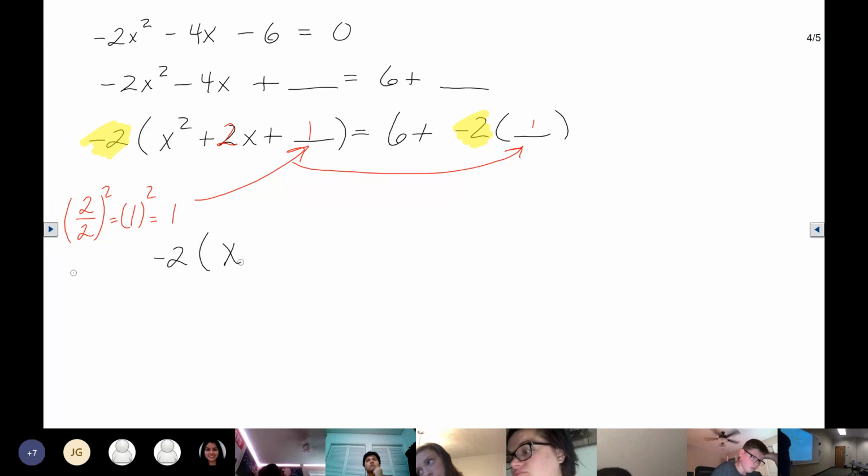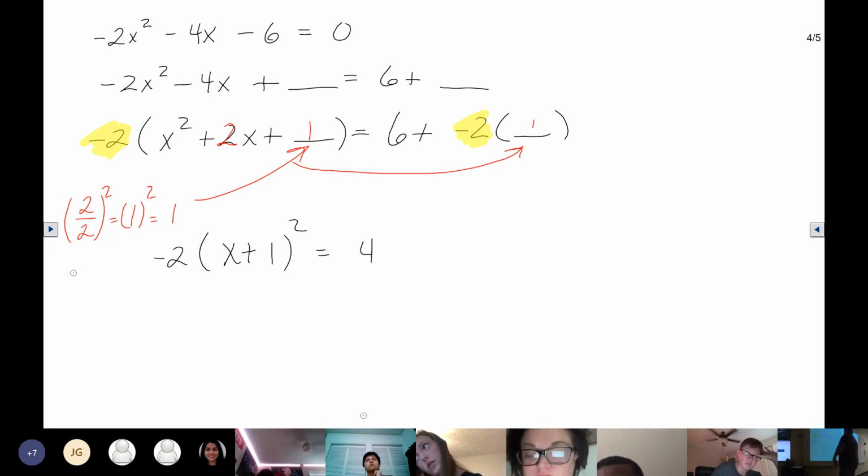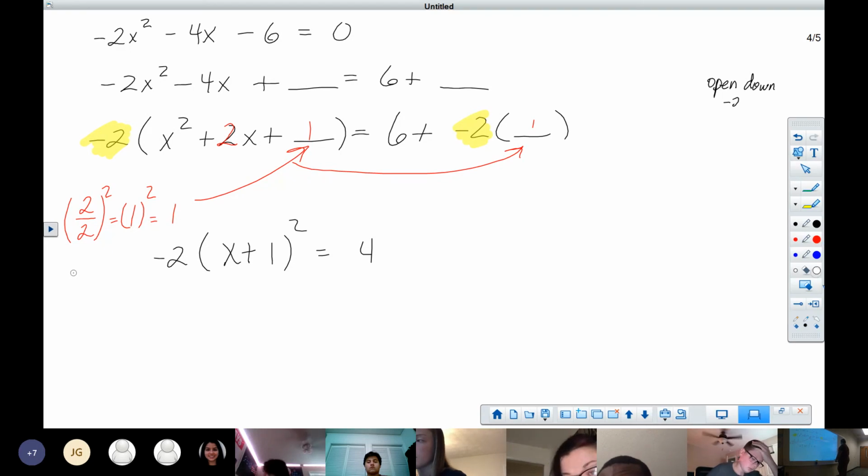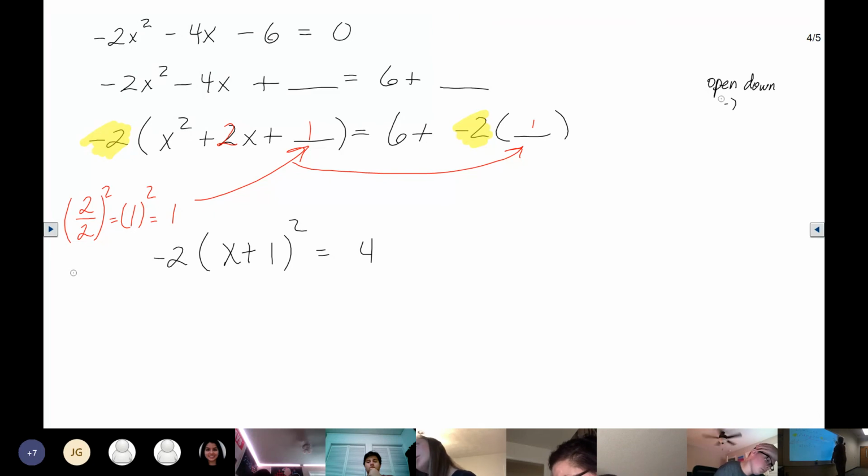Negative 2 times x plus 1 quantity squared is equal to, what's 6 minus 2? 4. So somebody tell me a little bit about this graph before we even sketch it. Well, it opens downward because of the negative in front of the 2. So it opens downward.